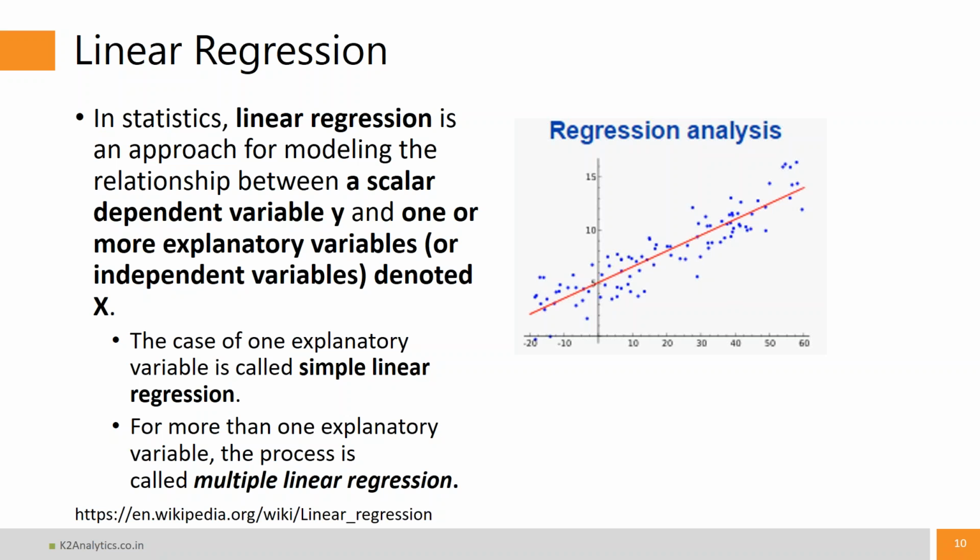Let's take the example of household expense. Do you agree that for a household whose income is high, the expense is high? The household whose income is low, their expense is also low.